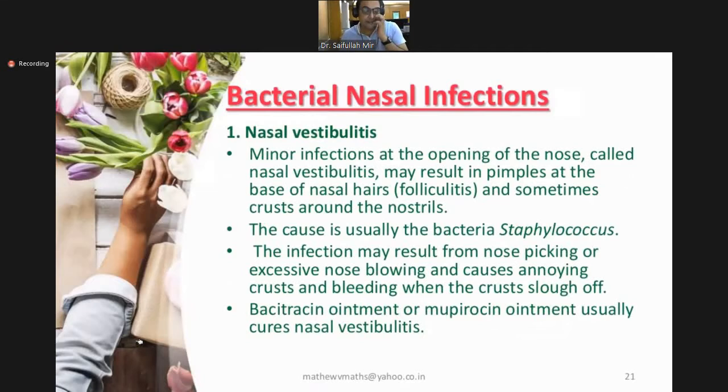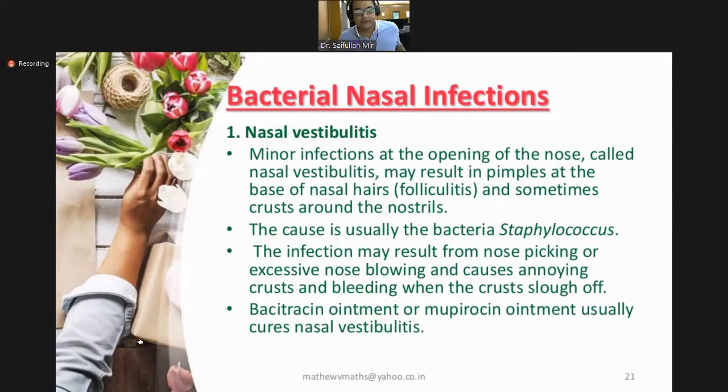So bacterial infections can occur in the nose. We have hair in our nose, called vibrissae, and whenever there's an infection around it, it's called nasal vestibulitis, caused by a staph infection. It is quite painful, but simple ointments such as Polyfax, which contains bacitracin, are quite good.